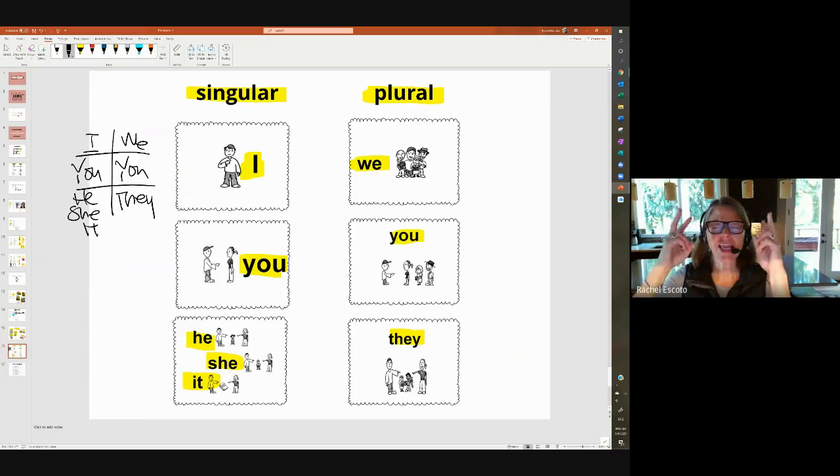You should see this chart and organize in your mind the subject pronouns just like this. And it's important for later grammar when we learn verbs. You should be able to see it in your mind. Okay? So here's some other examples.